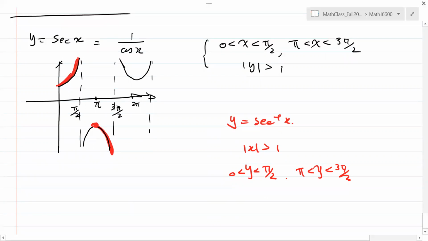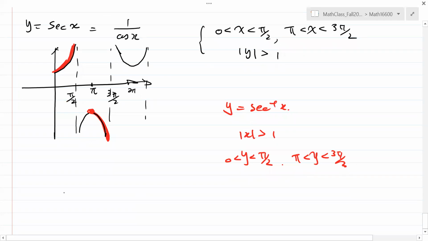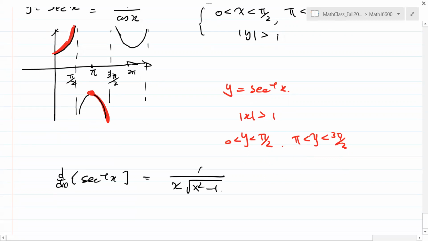So when we find the derivative, this is a formula. The derivative of the inverse of secant x can also be expressed in terms of an elementary function. Clearly the domain of this will be absolute x greater than 1, otherwise the denominator is not going to be defined.